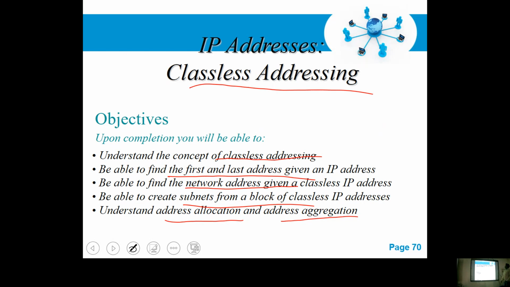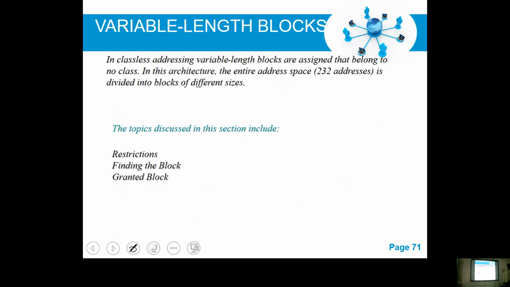So see here, when I go with classless addressing, basically you are going to have variable length blocks. When we considered classful addressing, we had fixed length blocks like 8 bits, 16 bits, 24 bits, like that we were allocating, right? Even when making subnets, each group had equal length.